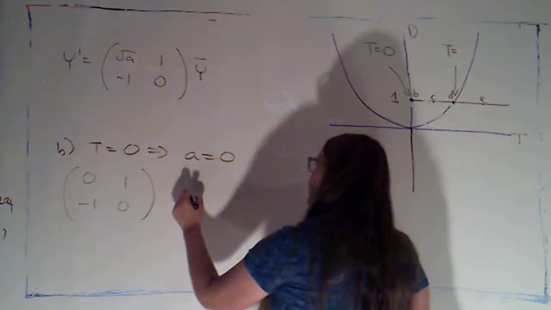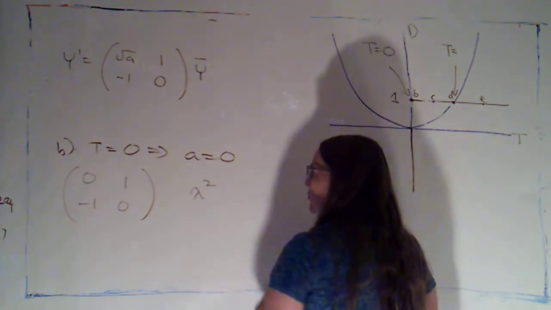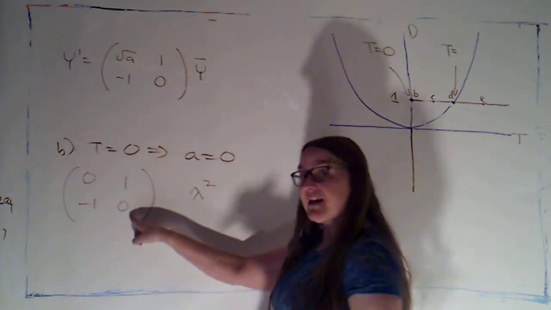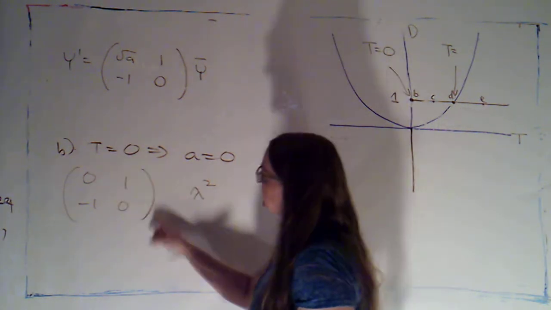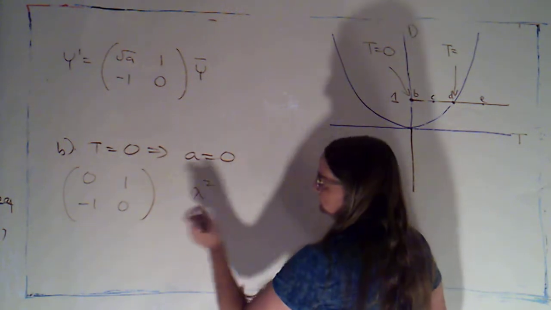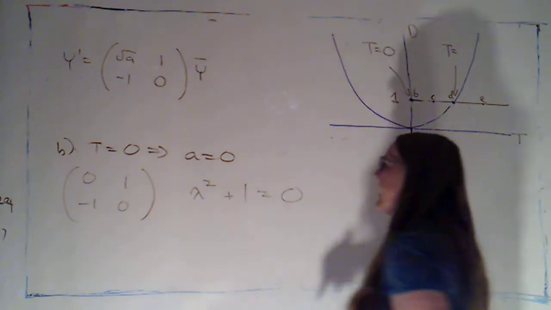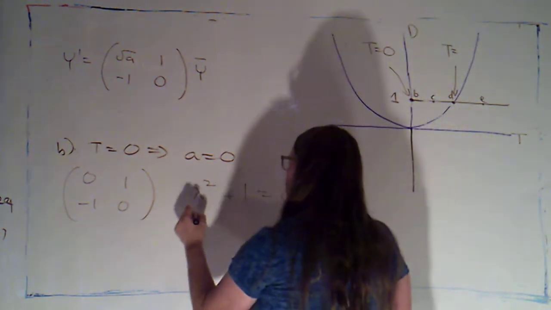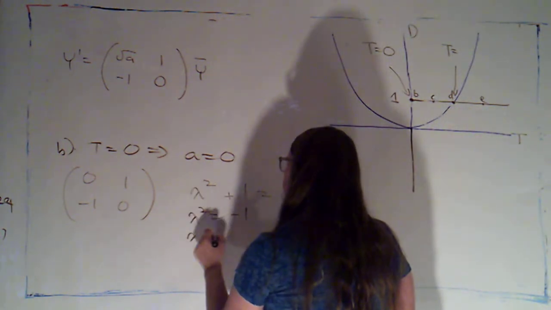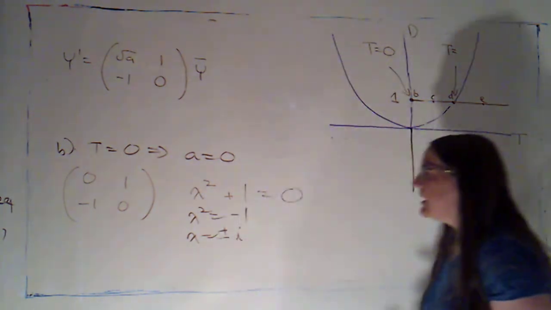So my characteristic equation is lambda squared. My trace is 0. The determinant is still plus 1, so that equals 0. So lambda squared equals negative 1. Lambda is plus or minus i. So that makes sense.